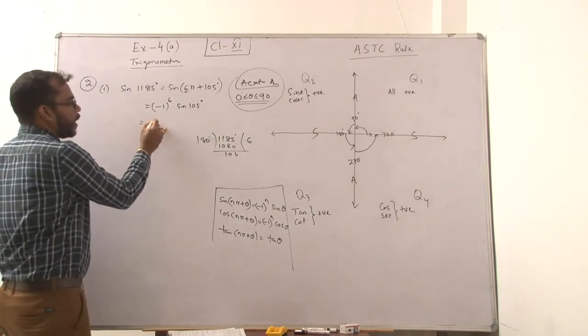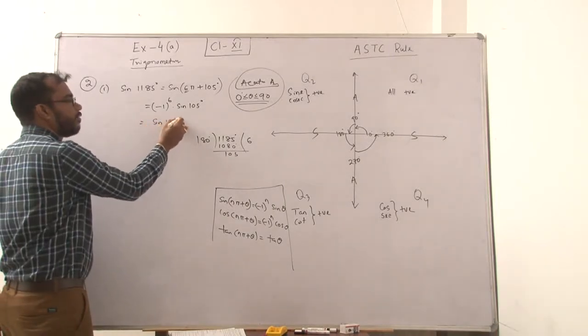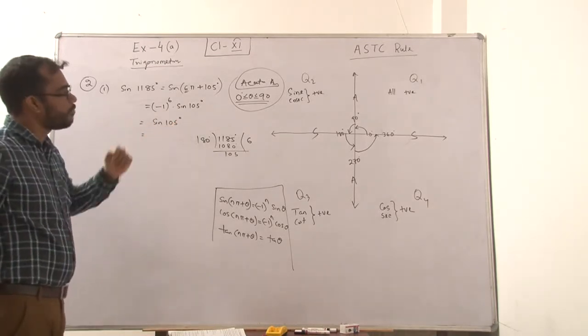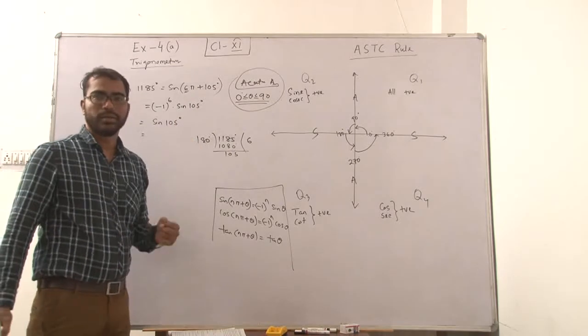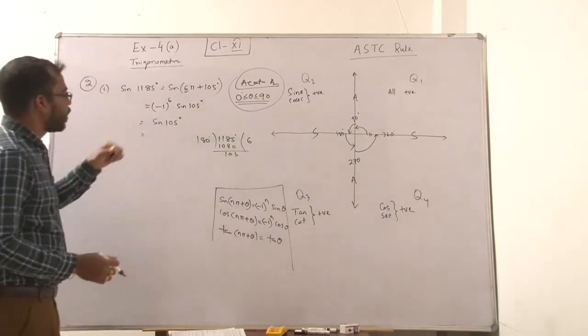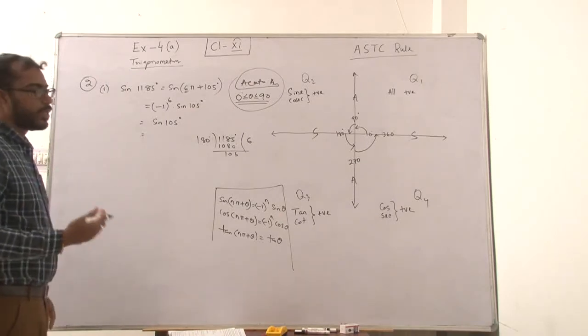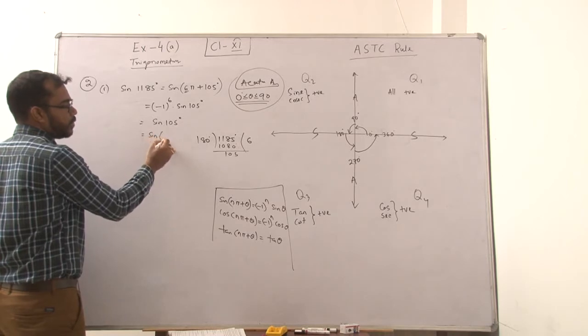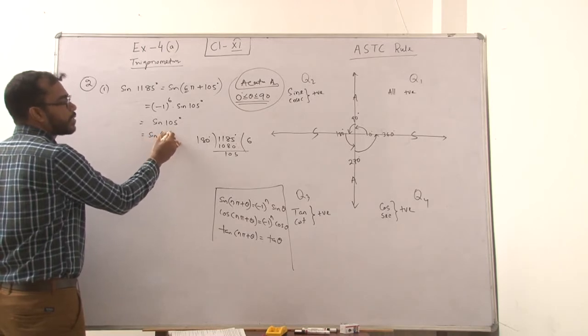So you can write directly sine 105 degree. But 105 degree is not an acute angle, because an acute angle lies between 0 and 90 degree. So now we convert it to an acute angle: 105 is equal to 90 degree plus 15 degree.